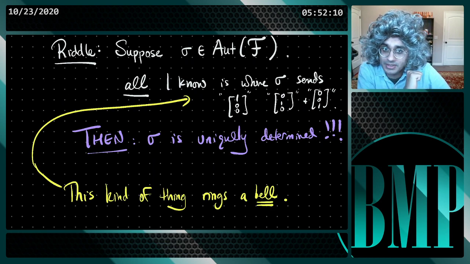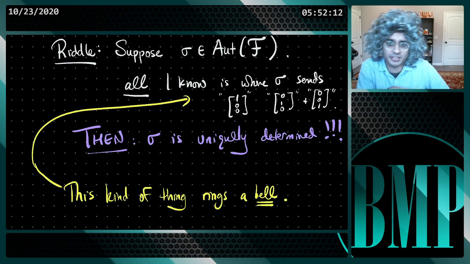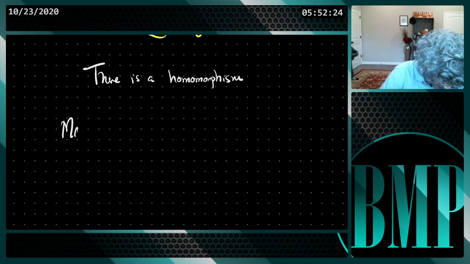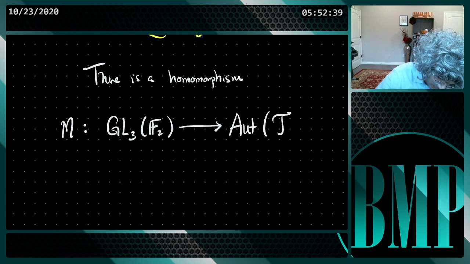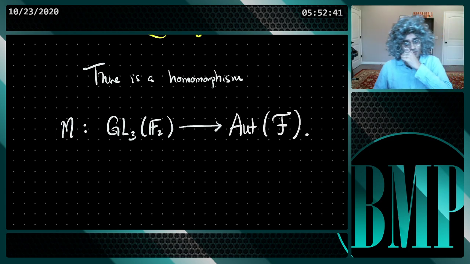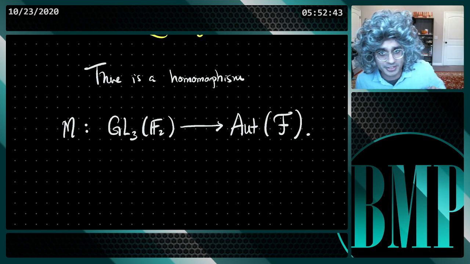So now what I'm going to do, I'm going to construct a homomorphism. So there is a homomorphism. Magic. M. Here's the homomorphism.